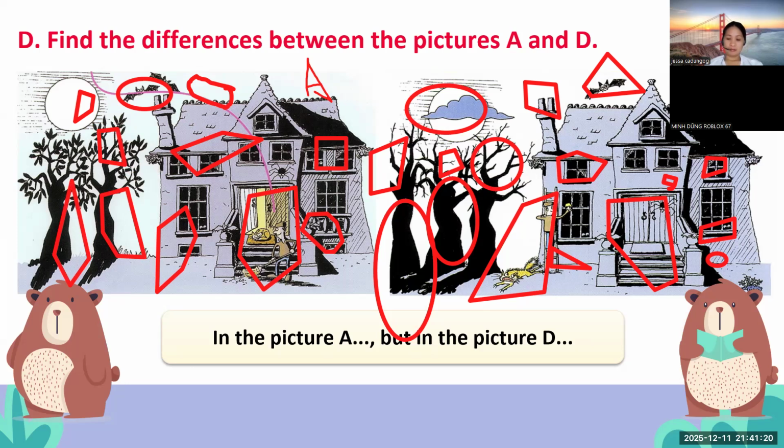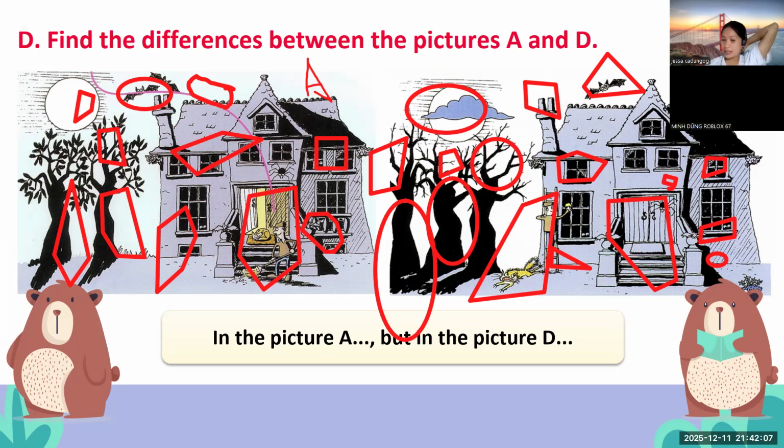Picture A has 11 windows. Picture D has 7 windows.